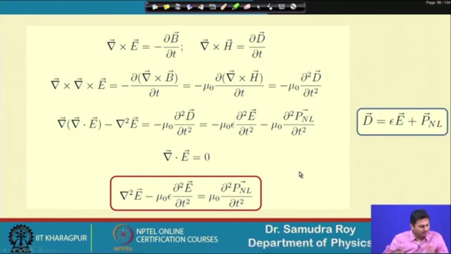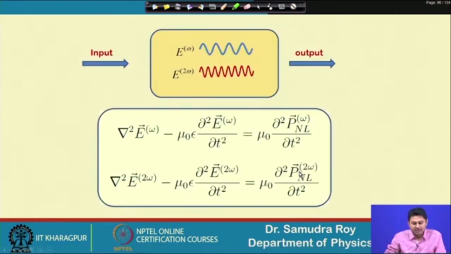Okay. So, the next thing is what happens when we have an electric field in the system with a frequency component. We have already derived the nonlinear Maxwell's wave equations. So, this is the picture. We launch an electric field, we put in some input and we get output outside, but inside the system we have two frequency components.